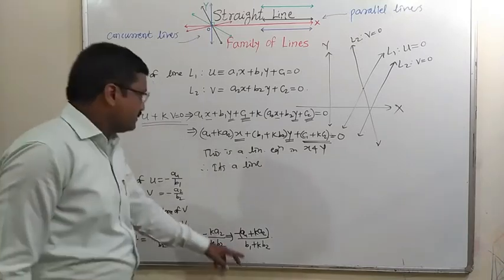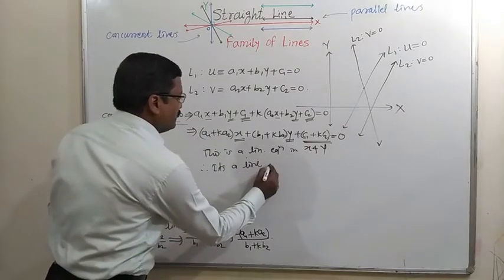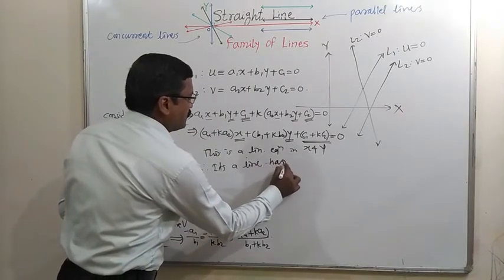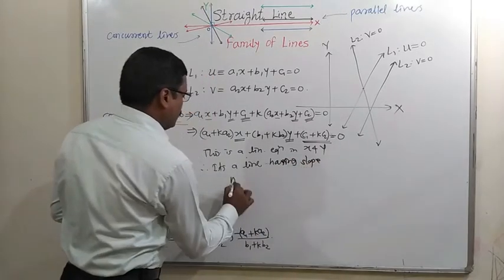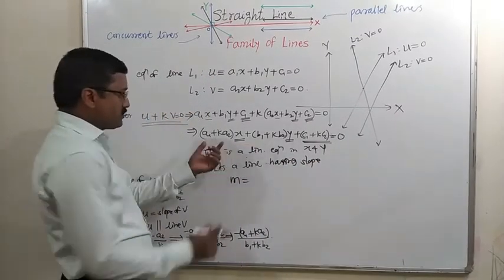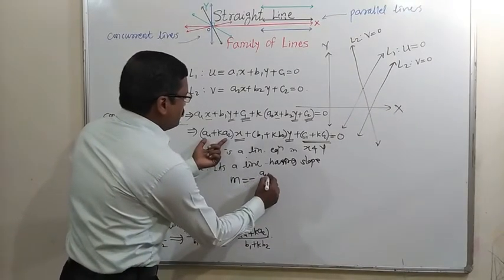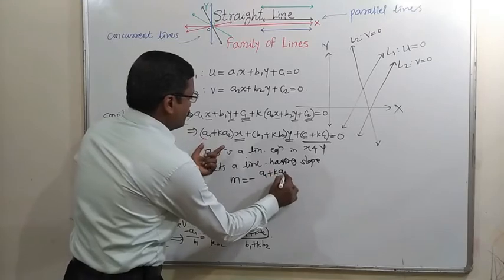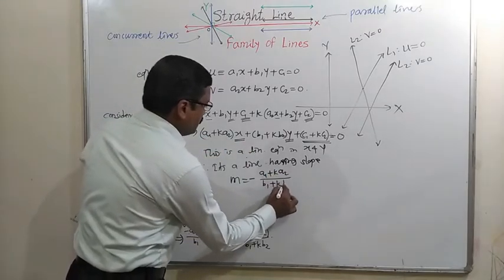If we observe this here, then the slope of this line is, it's a line having slope m equal to. Find the slope of this line. Slope of line is nothing but the negative of ratio of coefficient of x upon the coefficient of y, that is b1 plus k.